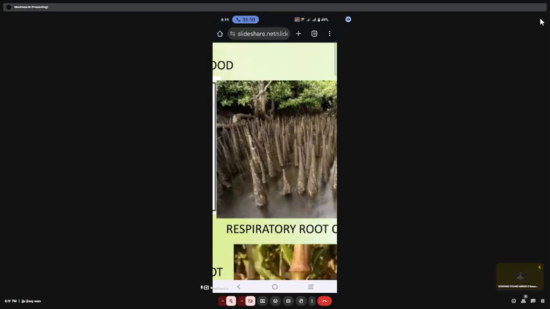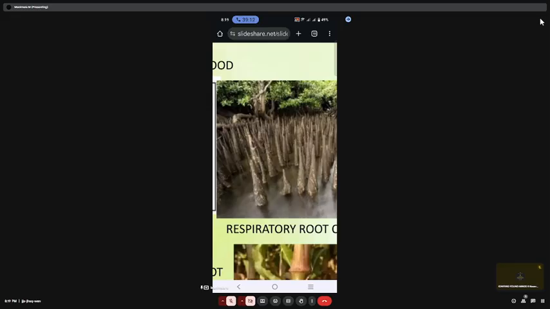Commonly in the mangroves, these roots generally grow. In mangroves, the waterlogged soil with poor aeration is present, so the roots cannot breathe.